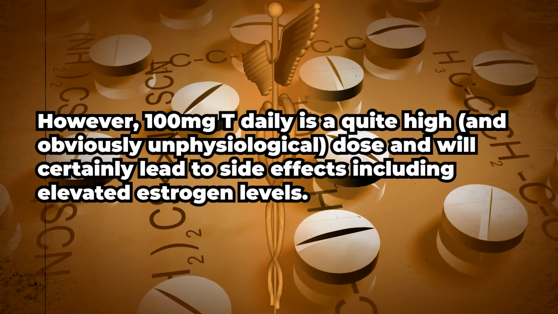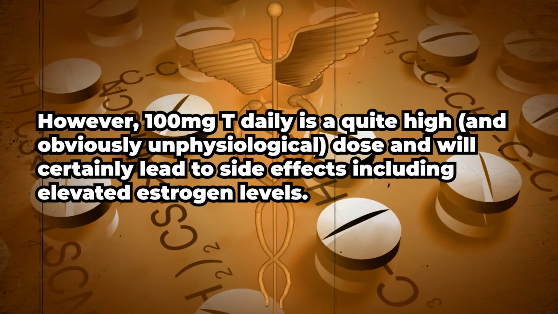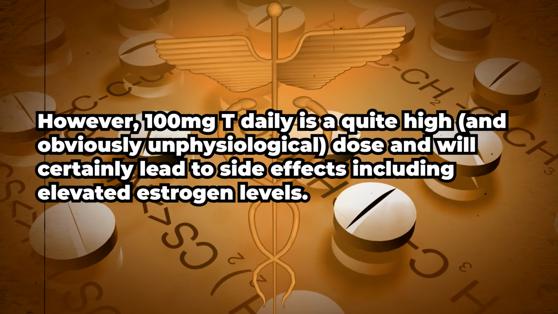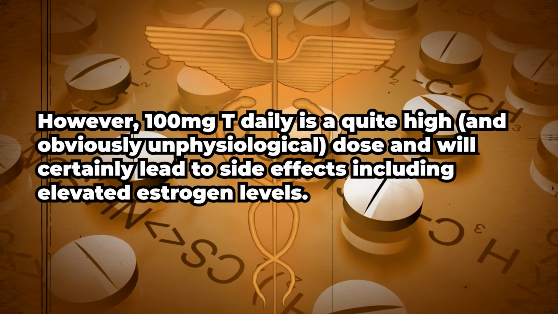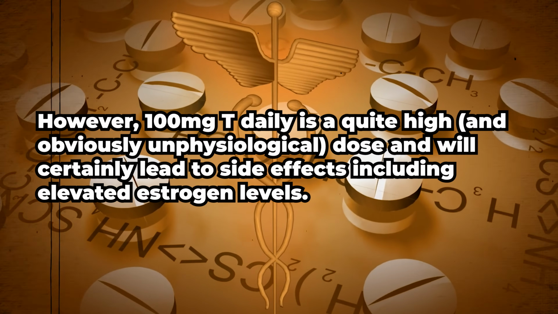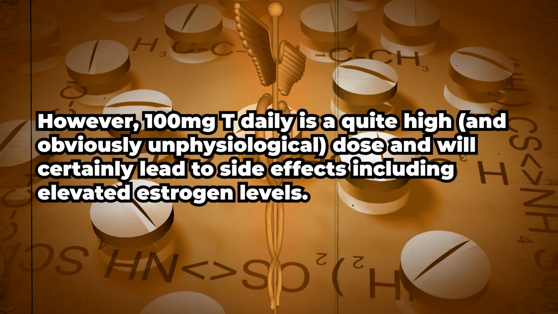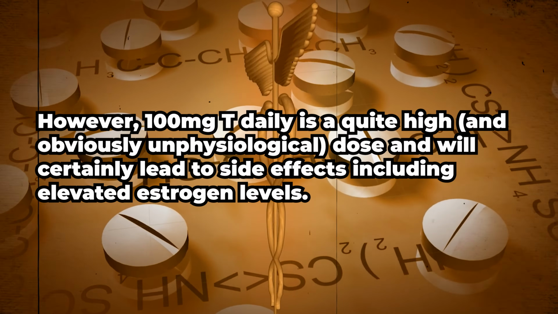However, 100 milligrams of testosterone daily is a very high dose and obviously supraphysiological, which will certainly lead to other side effects, including elevated estrogen levels, which is a natural process. Testosterone gets converted into estrogen.